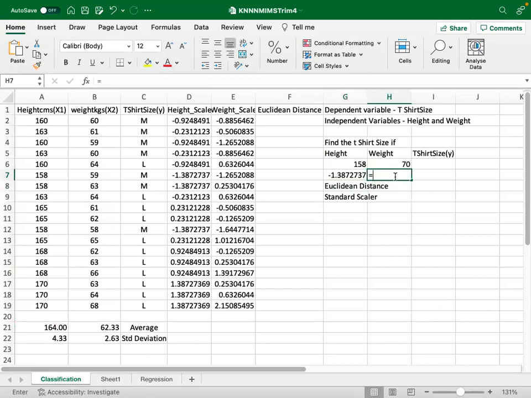This also has to be scaled, is equal to 70 minus 62.33 divided by 2.63. The predicted values also have to be scaled. They all should be in the same mathematical unit. Okay, we are scaling both the values. These are the scaled values.